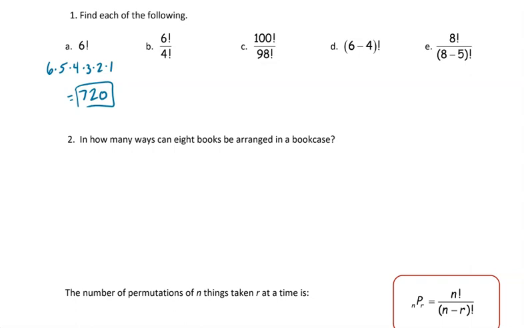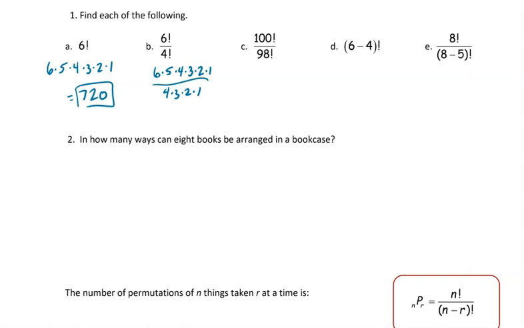Alright, next one. Let's try 6 factorial over 4 factorial. So 6 factorial is 6 times 5 times 4 times 3 times 2 times 1. 4 factorial is 4 times 3 times 2 times 1. So I'm just expanding both of them out.